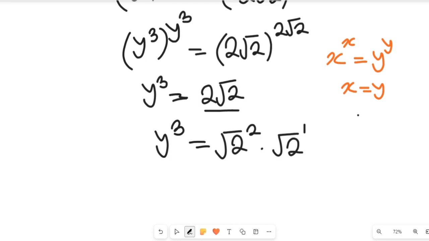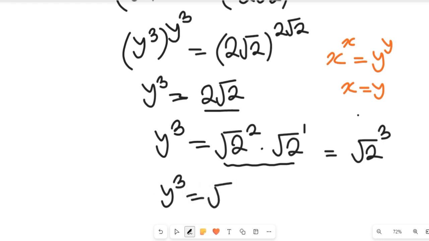Nothing has changed. This can still give us 2 root 2. Now, according to the law of indices, this can be equal to the square root of 2 to the power of 3.